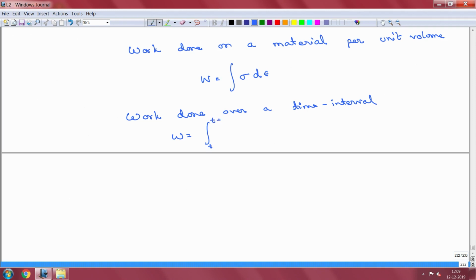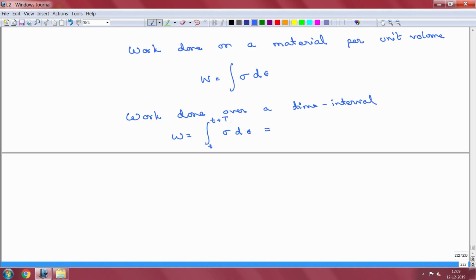Let us say this is some time t and then till 1 unit cycle. Here capital T represents the time period. So this is the integral of sigma d epsilon.